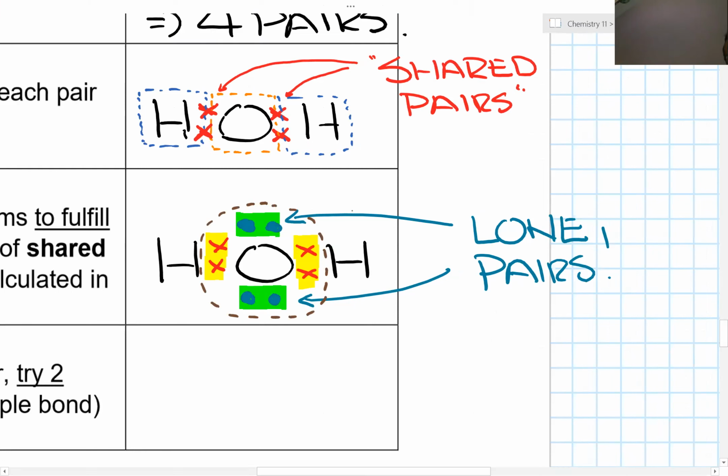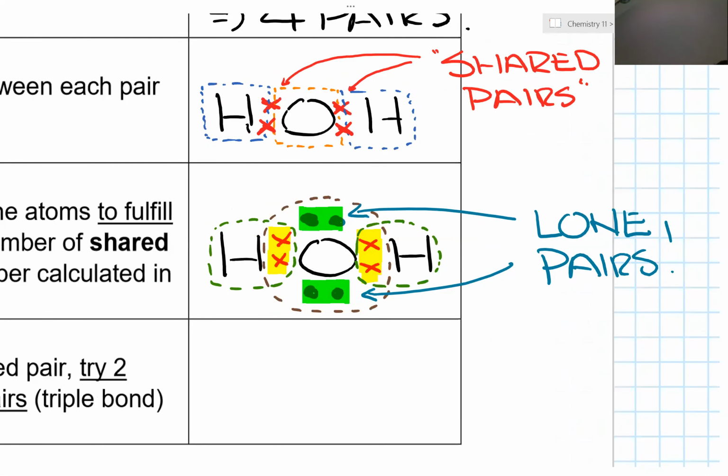So if we were to draw a circle around hydrogen, notice we have 2 electrons here, and here we have 2 electrons. Okay, so that's how we fulfill the Lewis dot structures.